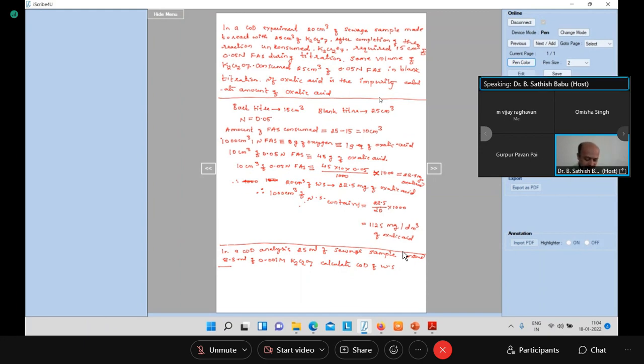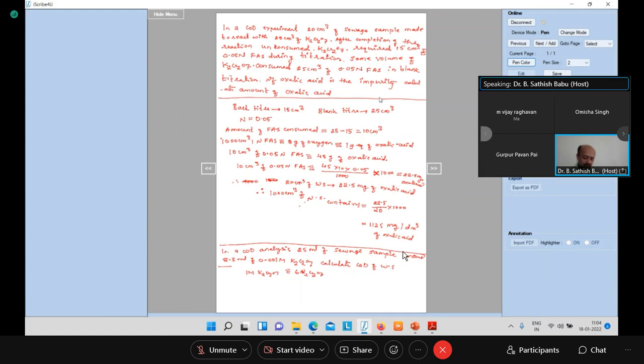How are you going to do that? Come on. 1 molar K2Cr2O7 is equal to 6 normal K2Cr2O7. If you understand this one, you can solve the problem.